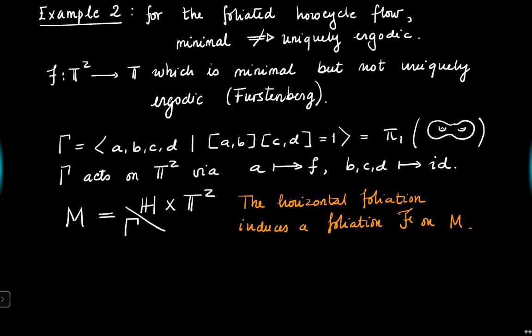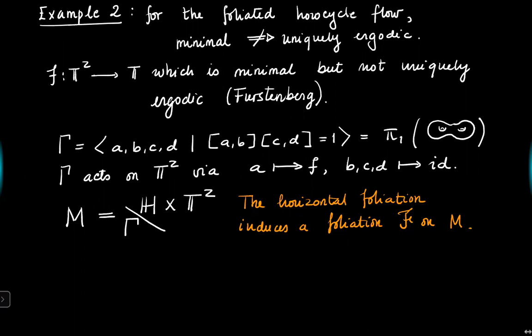And the next example is the following. Even if you have a minimal horocycle flow, for the foliated horocycle flow, minimality does not imply unique ergodicity. I mean, it's like life itself.